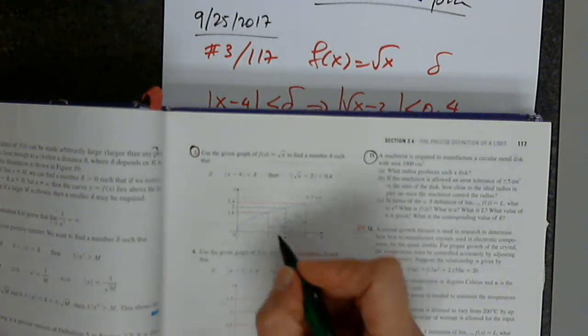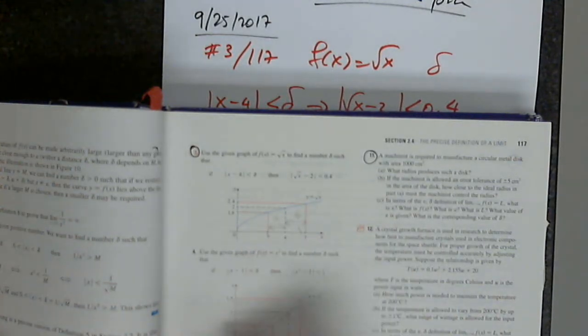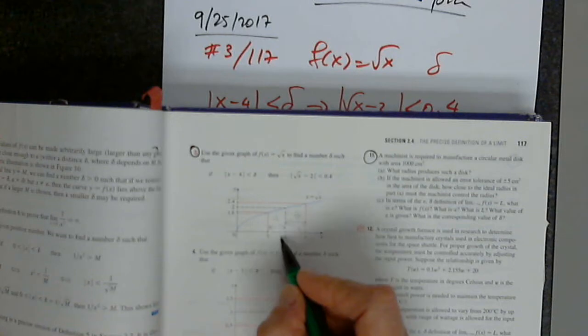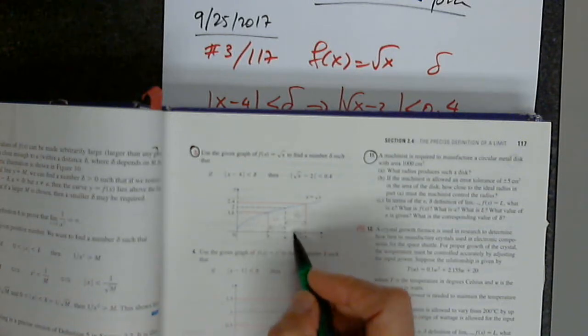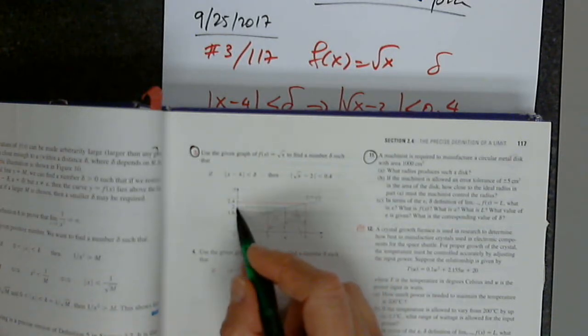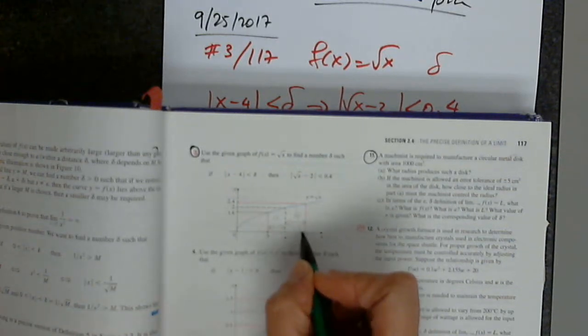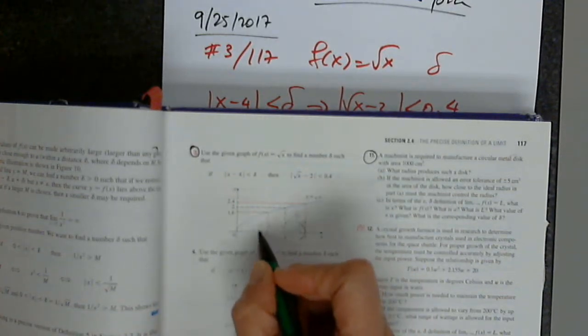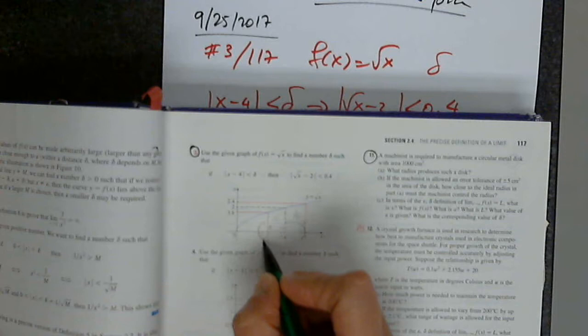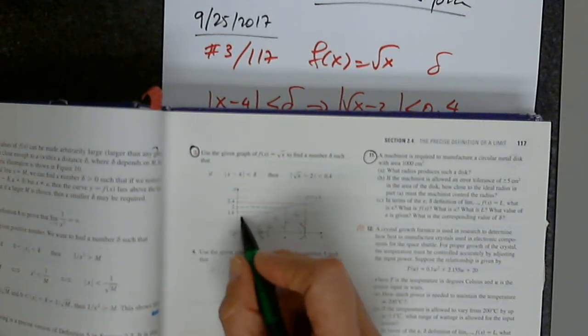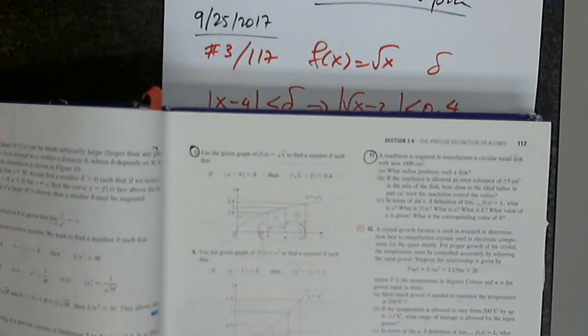We know that because this will be one interval where for sure all x values will give f of x within epsilon away from 2. But if I choose the bigger one, I could pick x right here, and therefore f of x will fall outside of the epsilon interval.